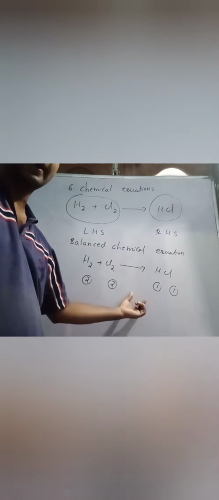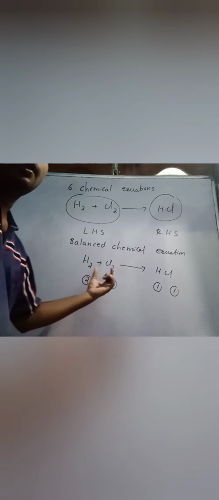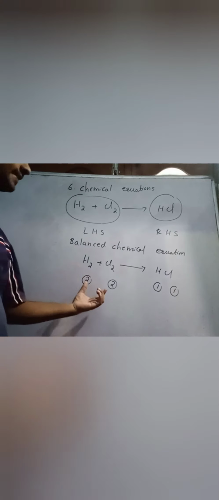So this is called an unbalanced chemical equation. What is an unbalanced chemical equation? The number of atoms present in LHS is not equal to the number of atoms present in RHS.